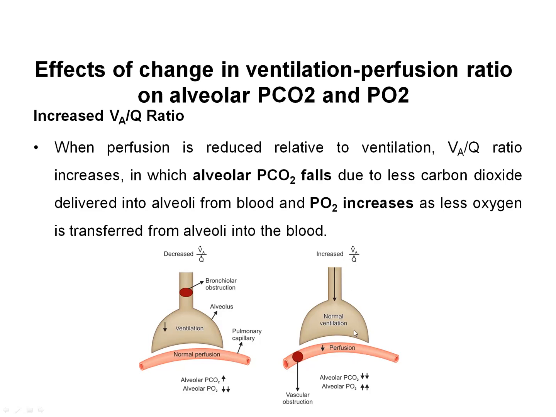So the alveolar PCO2 will be decreased, because the alveolar ventilation will be normal, the CO2 will be given out, and the PCO2 in the alveoli will go on decreasing, but the alveolar PO2 will be increased. Because the perfusion is abnormal, the capillaries will not be able to take up the oxygen. So the oxygen will remain inside, and that will increase the partial pressure of oxygen.